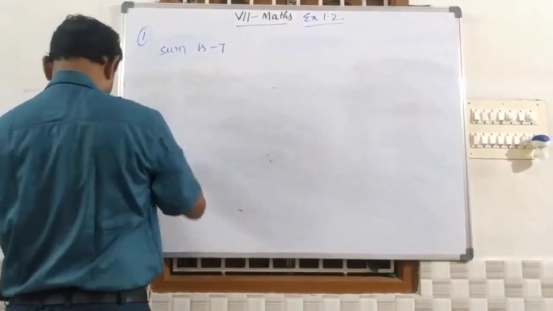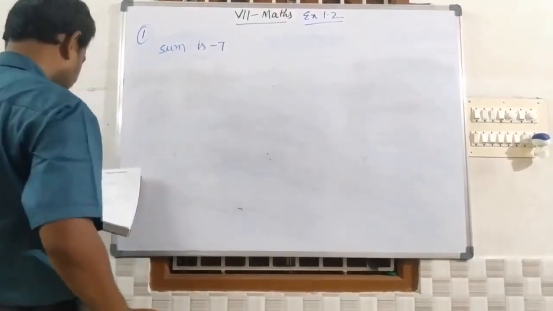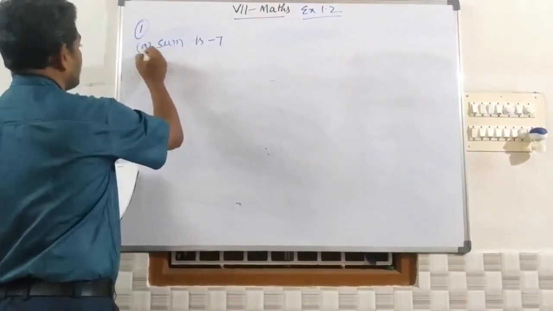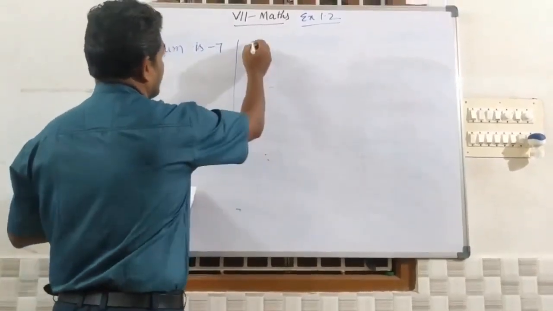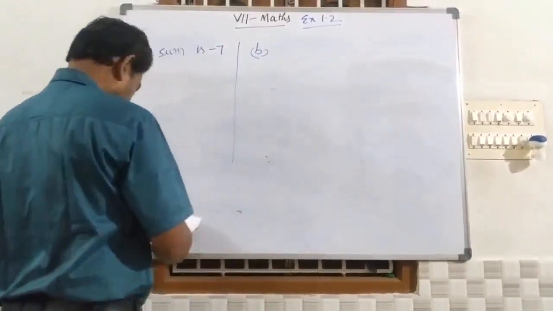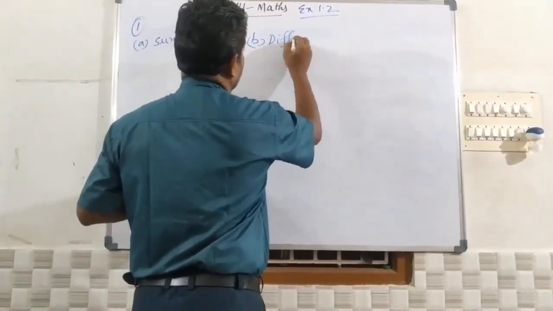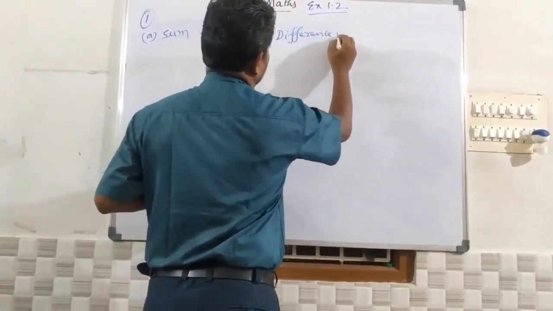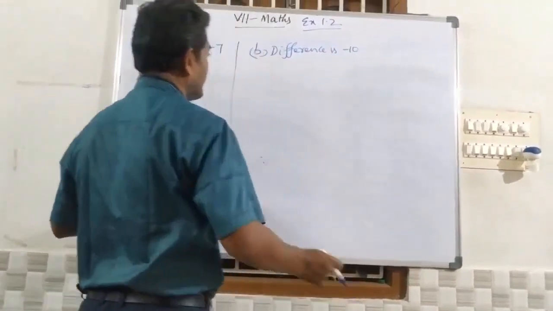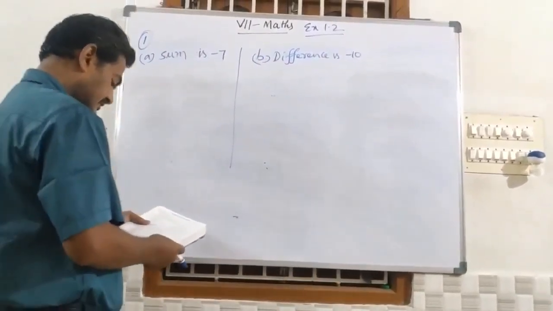A question, the sum is minus 7. B question, the difference is minus 10.